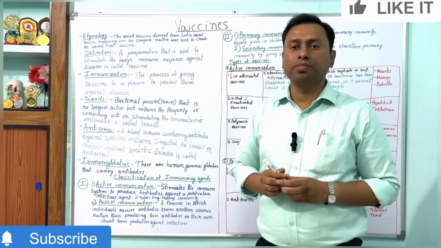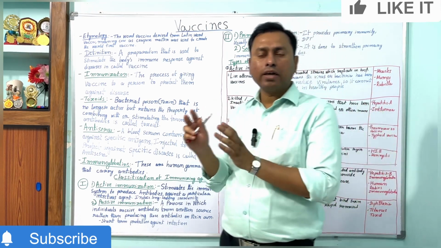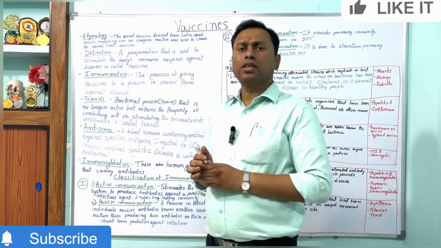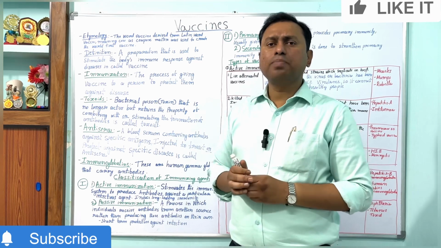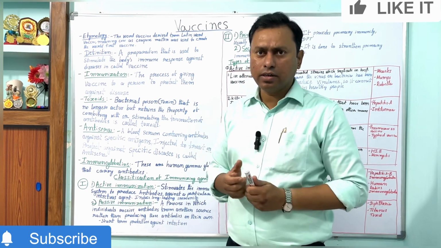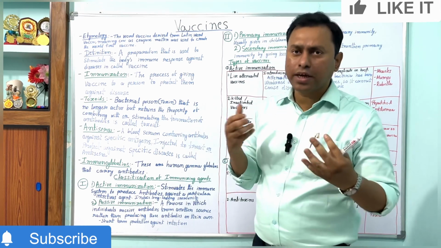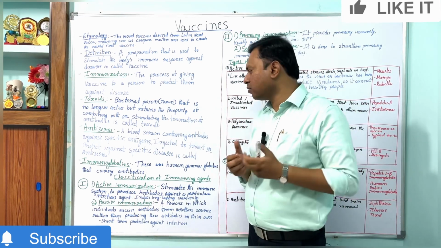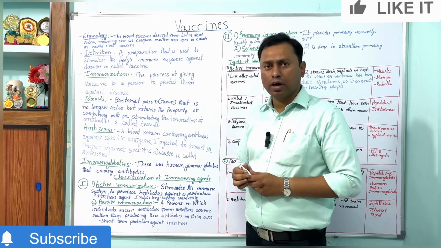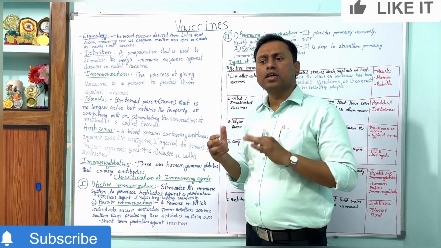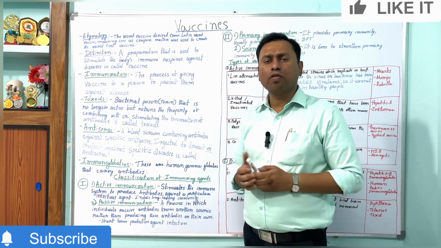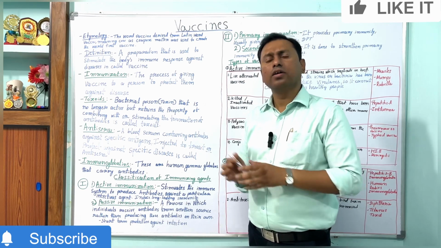Active immunity means we are injecting the pathogen or antigen into the person, and in that person the antibody is produced. These antibodies help in fighting against the disease.